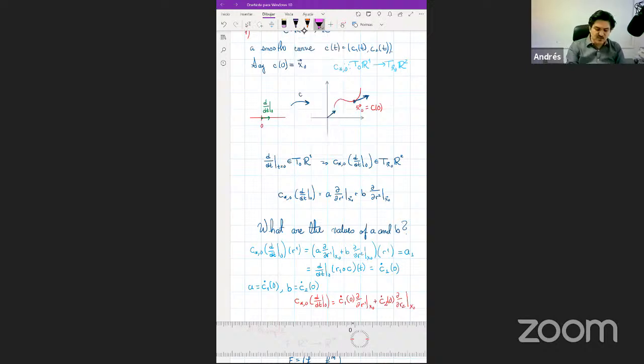And I mean, this is what you do in calculus. You have this curve, and then you want to know what is the tangent vector at a point. So you just do this, right?